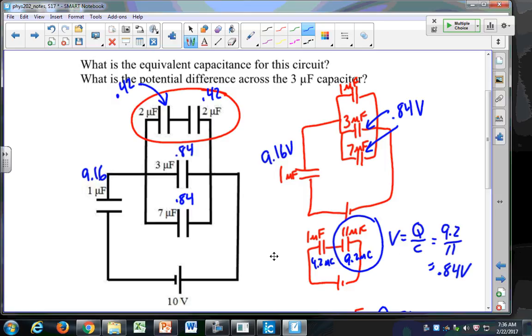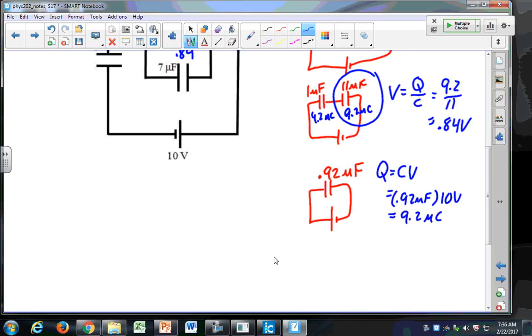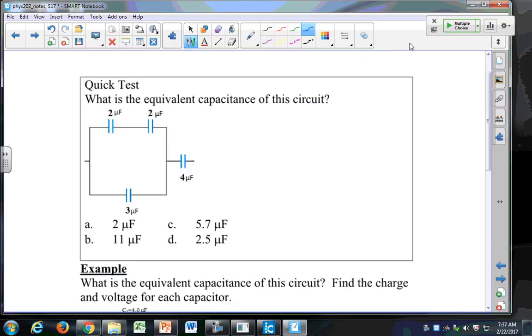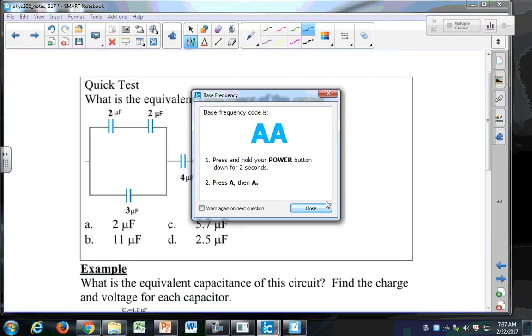All right, we'll do a couple more of these. Okay, so if you haven't gotten it yet, that's okay. Tell me, what is the equivalent capacitance of this circuit?